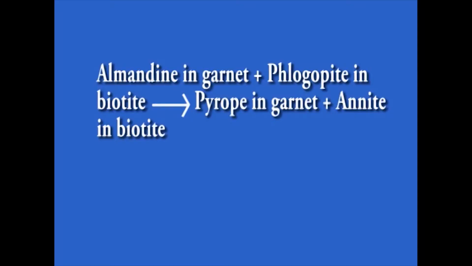The reaction can be written as almandine in garnet plus phlogopite in biotite giving rise to pyrope in garnet and annite in biotite, expressed as pure end members, but really involving Fe-Mg or other exchange between intermediate solutions. This is the basis for many geothermobarometers and causes rotation of tie lines on compatibility diagrams.